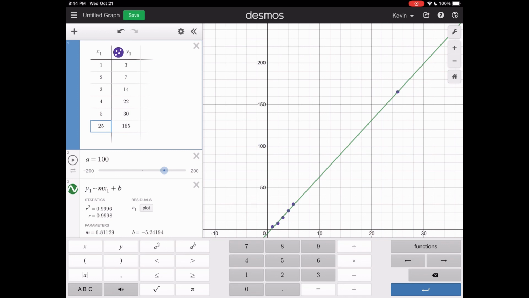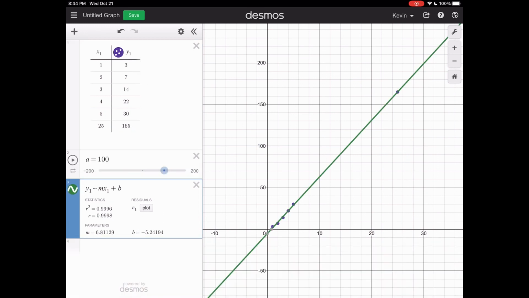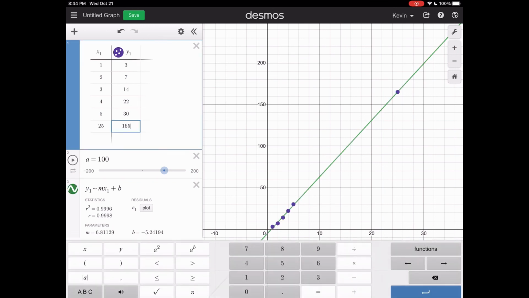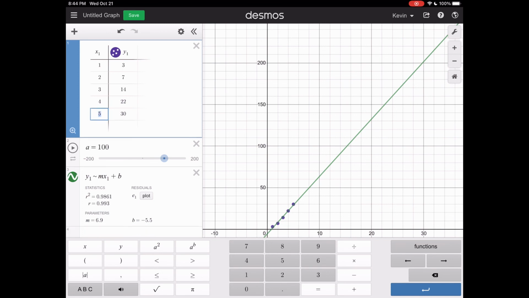Right now, it's no big deal. If we look at the regression equation in this box down here, it's 6.8x minus 5. If I get rid of this point, now it's 6.9x minus 5.5. So very clearly that point didn't change my regression that much.